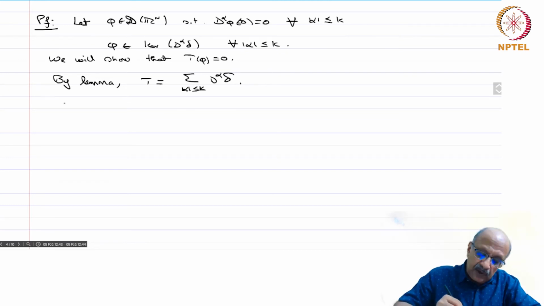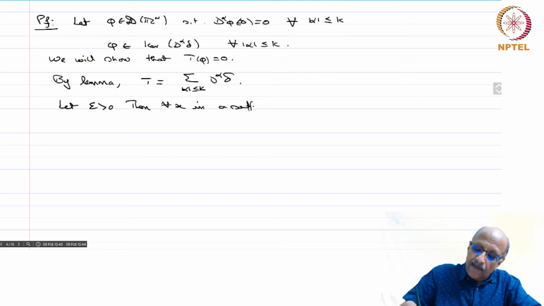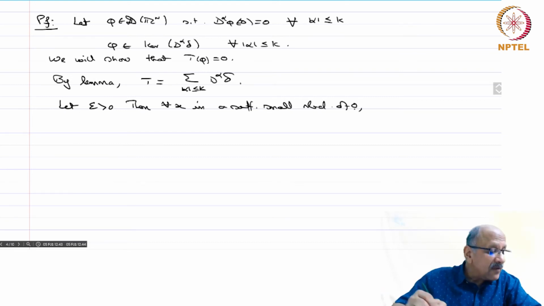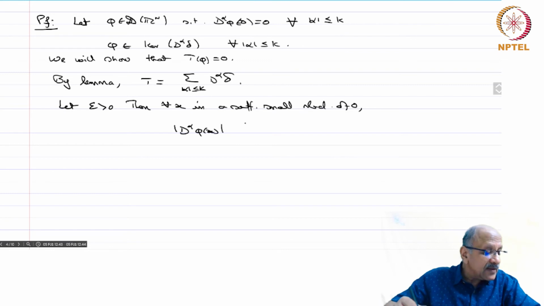So let epsilon be greater than 0. Then for all x in a sufficiently small neighborhood of the origin, we have that D alpha phi of x is less than or equal to epsilon for all mod alpha equal to k.